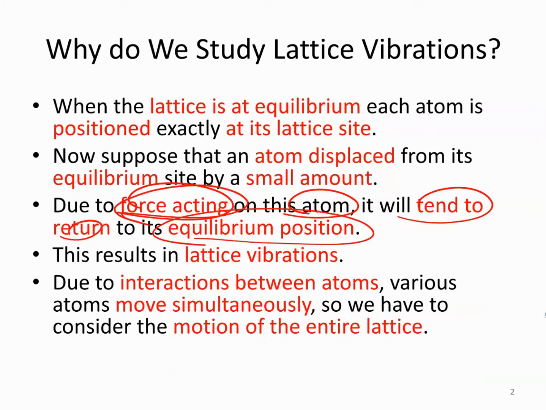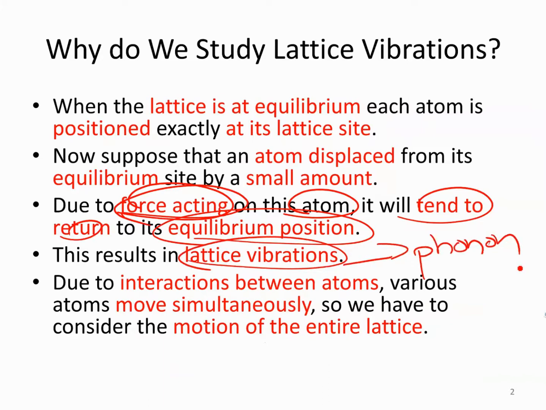So when it moves down, it has the environment temperature, right? So it will still be moving up. So pull down, pull up, pull down, pull up. Then it creates the vibration along the y direction or z direction or x direction. And we call this lattice vibration, or in other words, phonon.